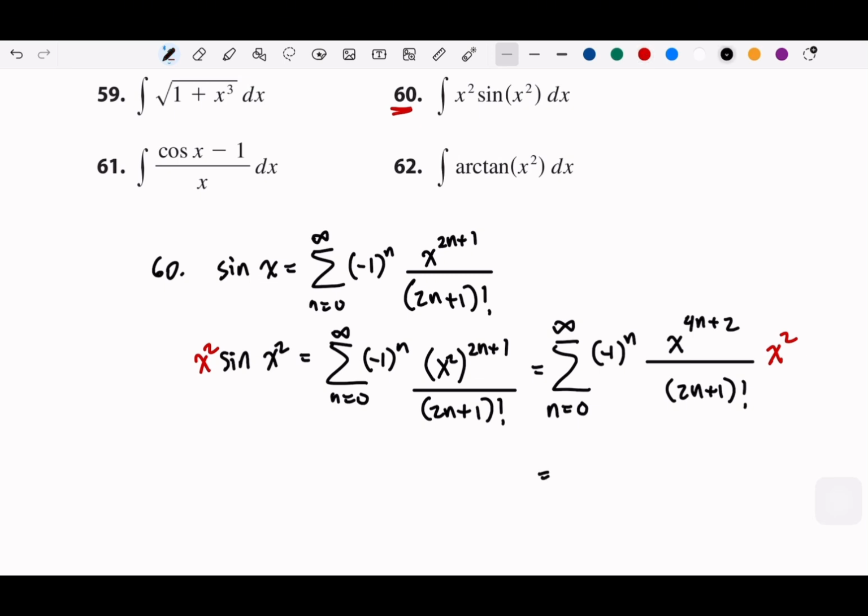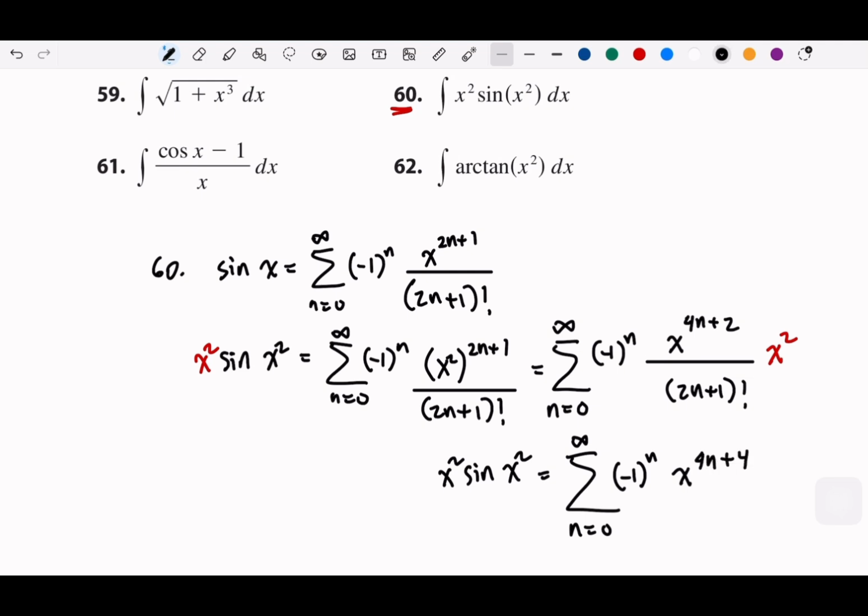So this will be x squared sine x squared is equal to this, plus 2, so 4, right? So this will be 4n plus 4.